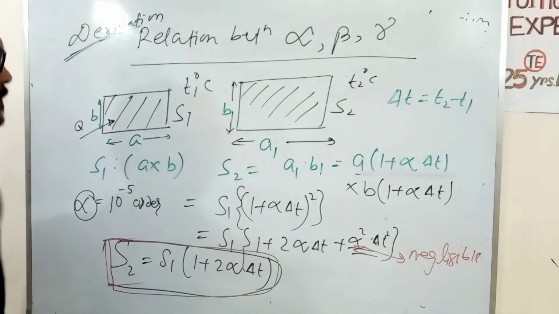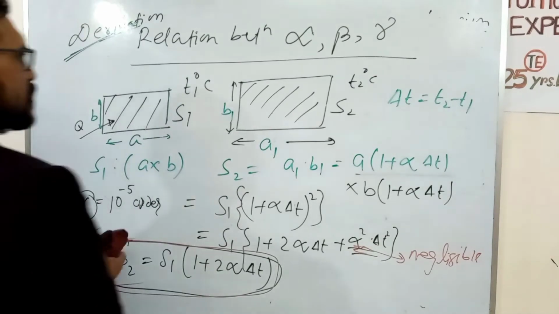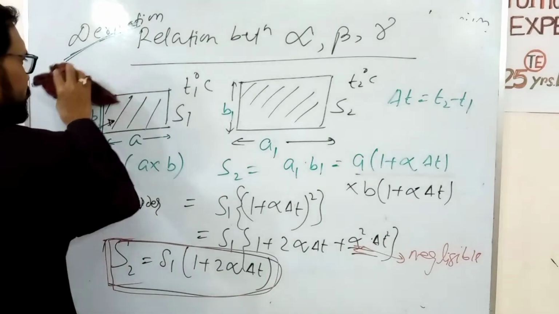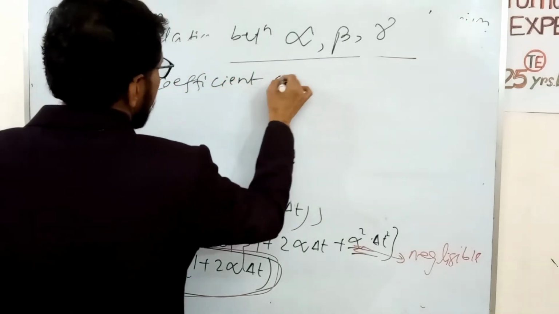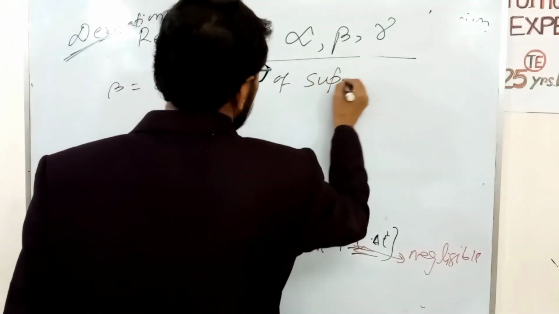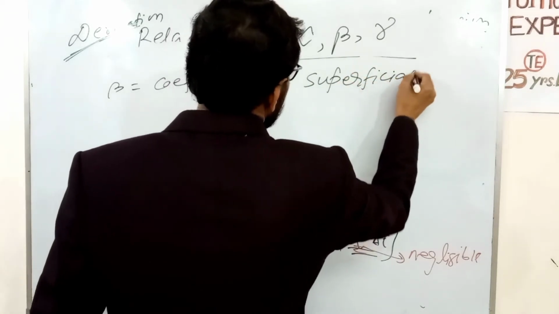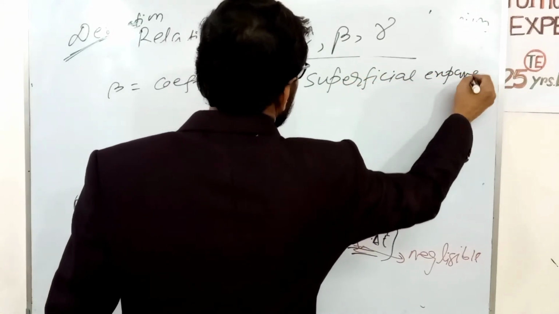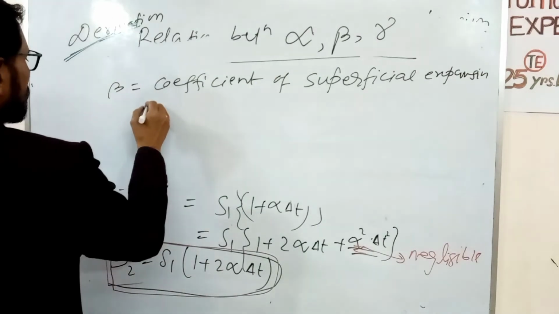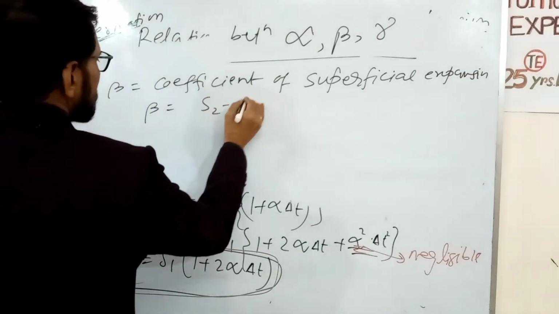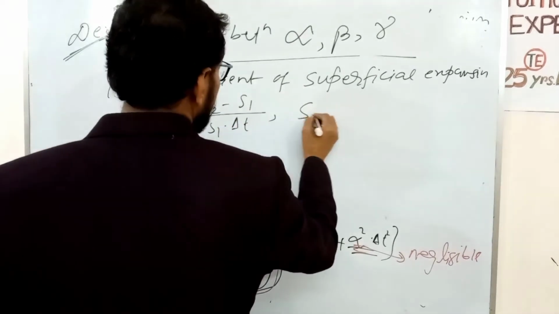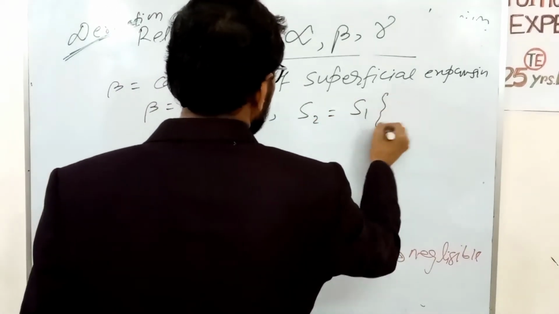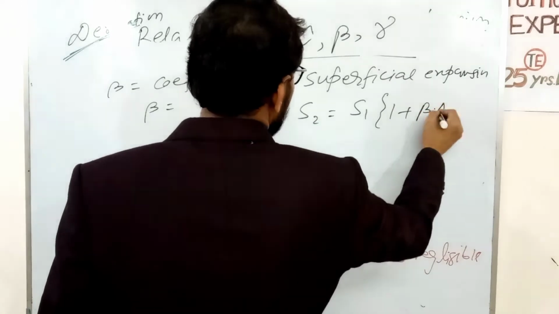Now if you define beta, coefficient of superficial expansion, then by definition beta equal to S2 minus S1 by S1 into del T. From this we get S2 equal to S1 into 1 plus beta into del T.